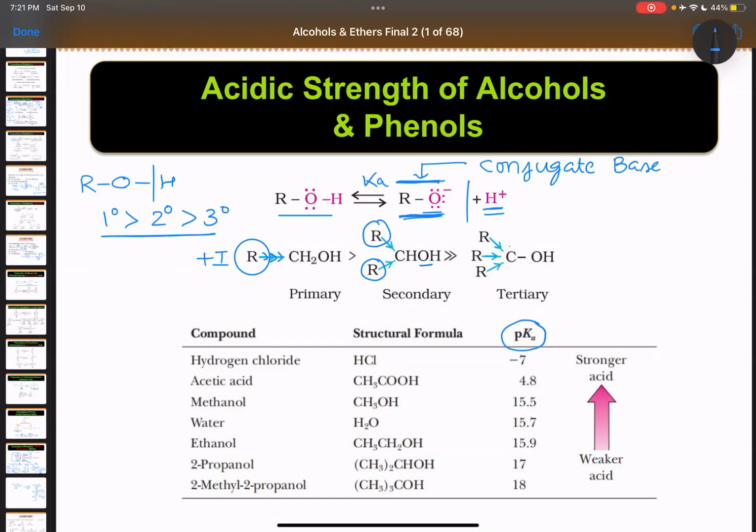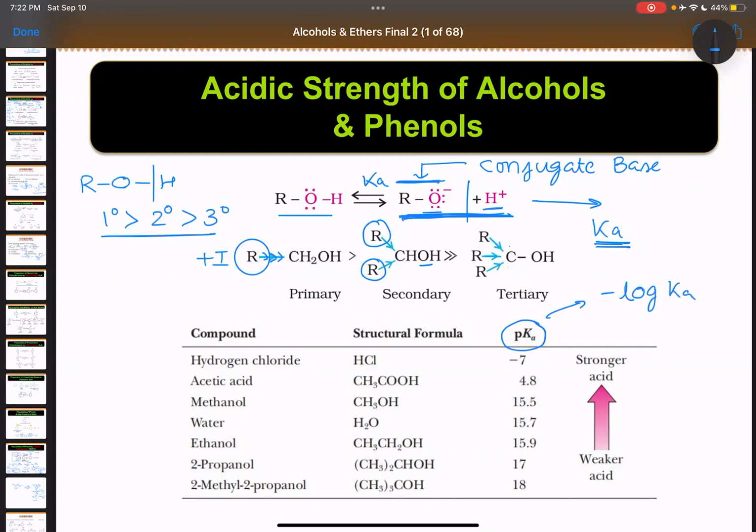And if the alcohol is more acidic, it is going to be in the more dissociated form, means the reaction is going to be more in the forward direction and it is going to have more Ka, the dissociation constant. But if you want to calculate pKa, what you do, you take the minus log of Ka.